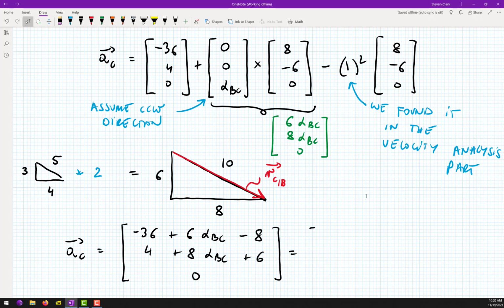So we'll end up with minus 44 plus 6 alpha BC and 10 plus 8 alpha BC, 0. Great, and we are done with 75% of our problem. We cannot squeeze anything more so far. We must leave AC in that form right now.